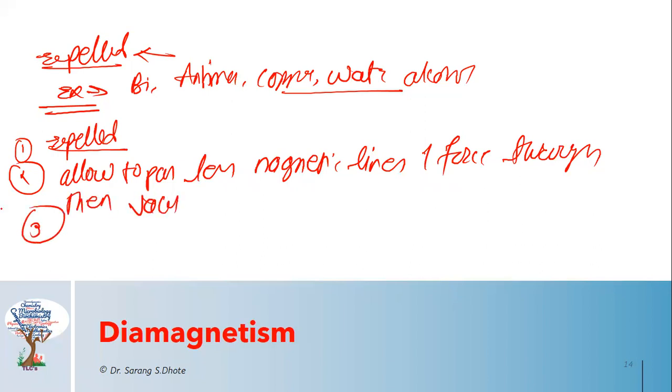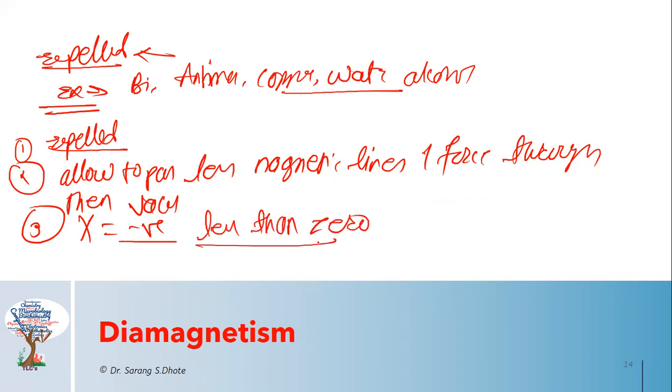Number three, the magnetic susceptibility chi is always a negative value, that is, less than 0. And the magnetic permeability is less than 1.